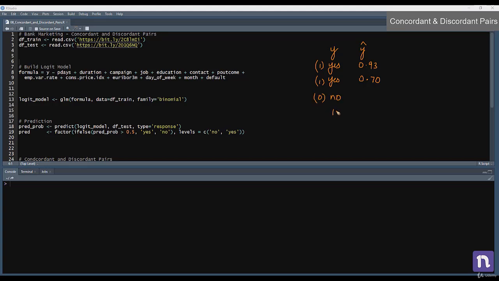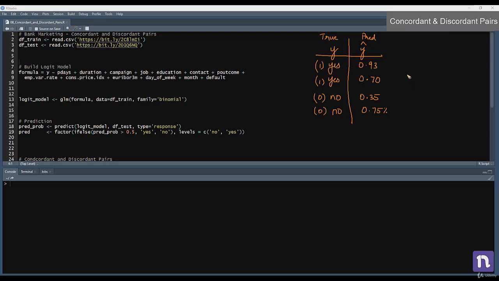This is no. These are zeros. For this one, let's say this is having a probability score of 35%, and this is having a score of say 75%. If we keep a cutoff score of 50%, then this will be predicted as 1. This is an incorrect prediction, but that doesn't matter. Let's ignore this for now.